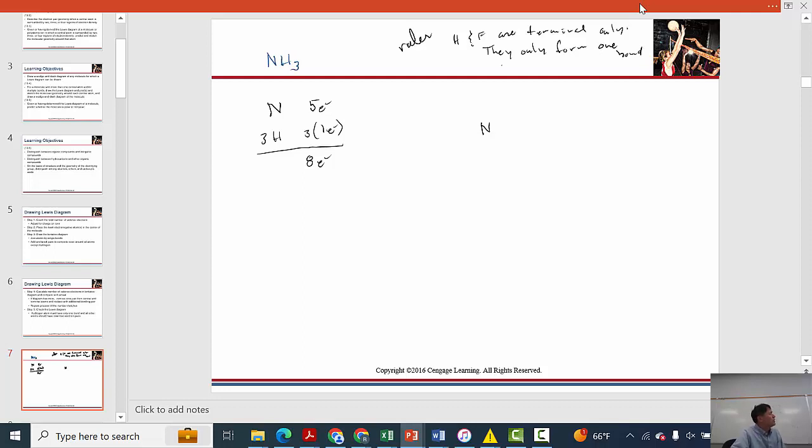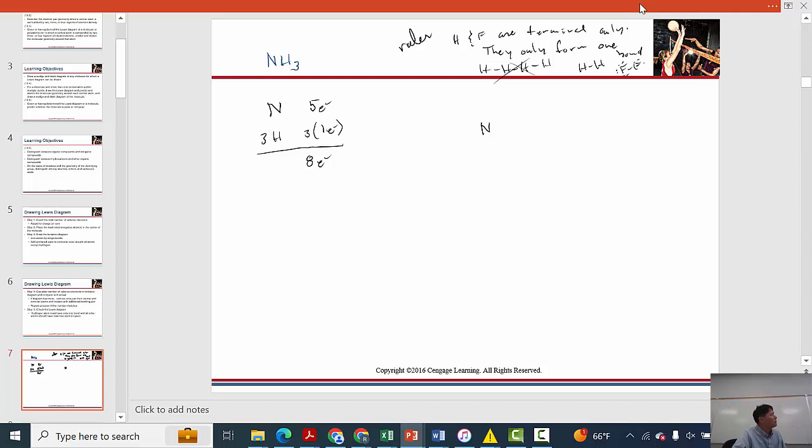And so what we aren't going to see is things like this, where you have a chain of hydrogen atoms. Something like this just isn't going to happen. We could see H2, for example, but each hydrogen only has one bond. The same thing with F2, like we were just looking at.